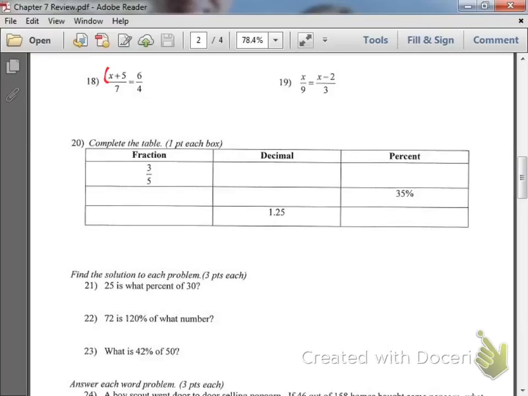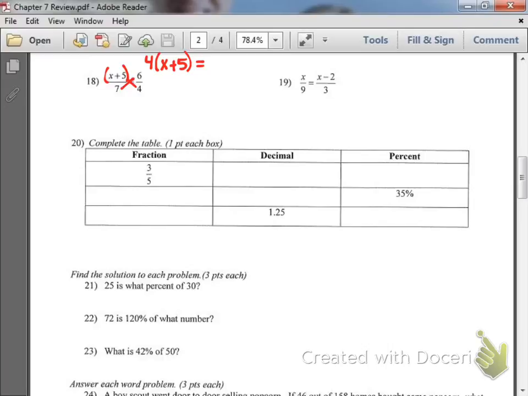The easiest way to do that is to put it in parentheses and write it out. So you have 4 parentheses x plus 5 equals, when you multiply this way, what's 7 times 6? 7 times 6.